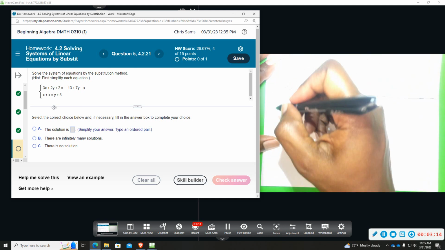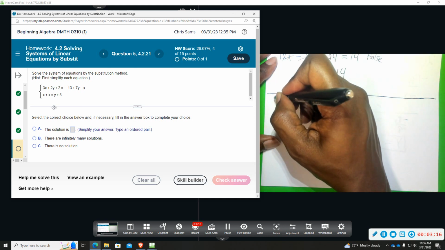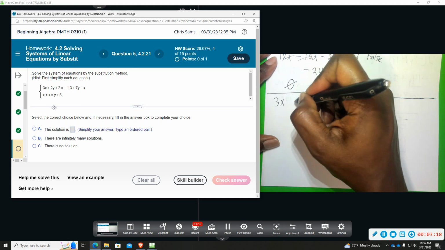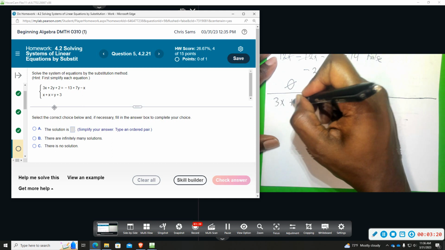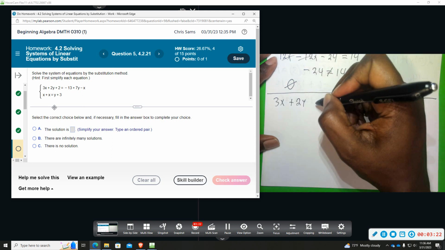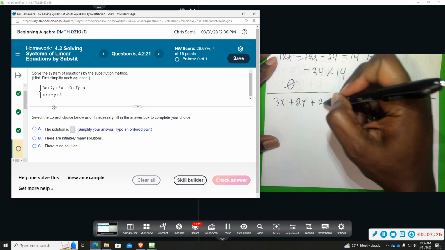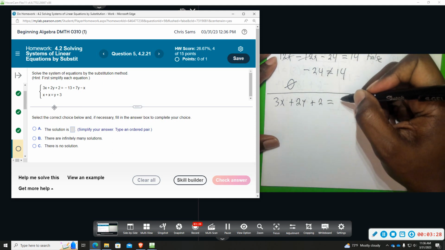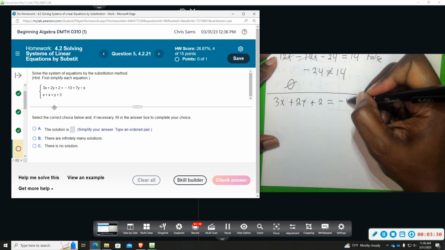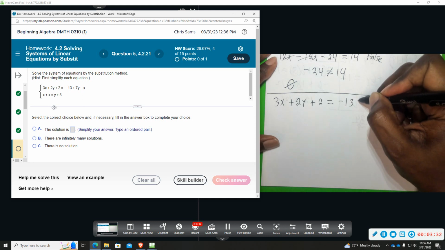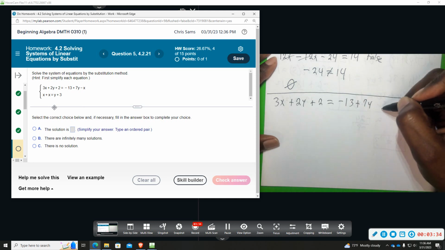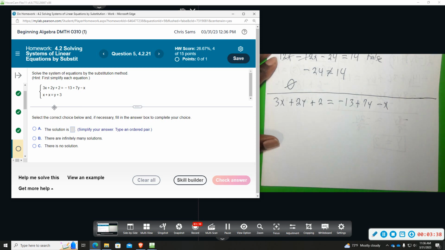So I'm going to start with the first equation. 3x plus 2y plus 2 equals negative 13 plus 7y minus x.